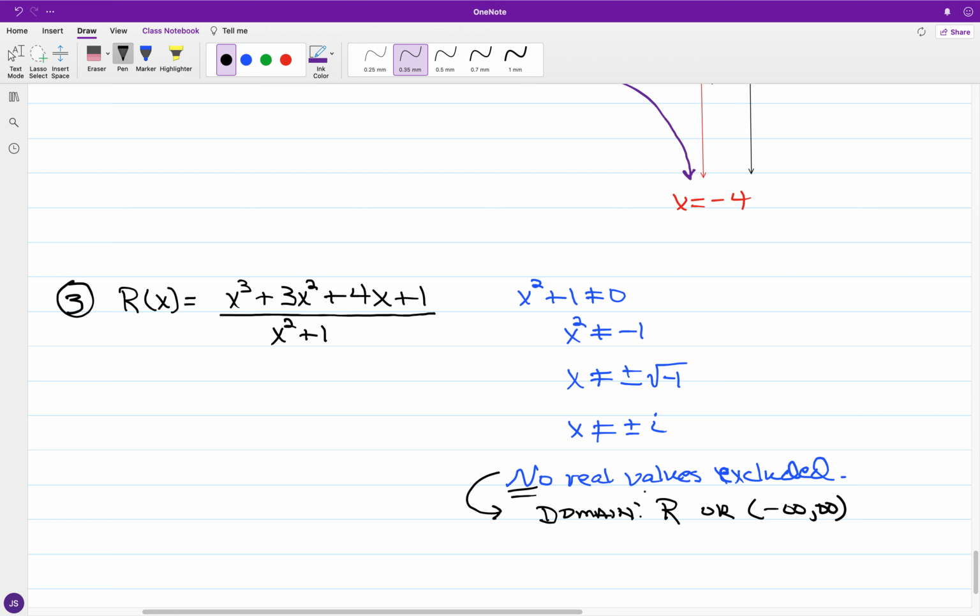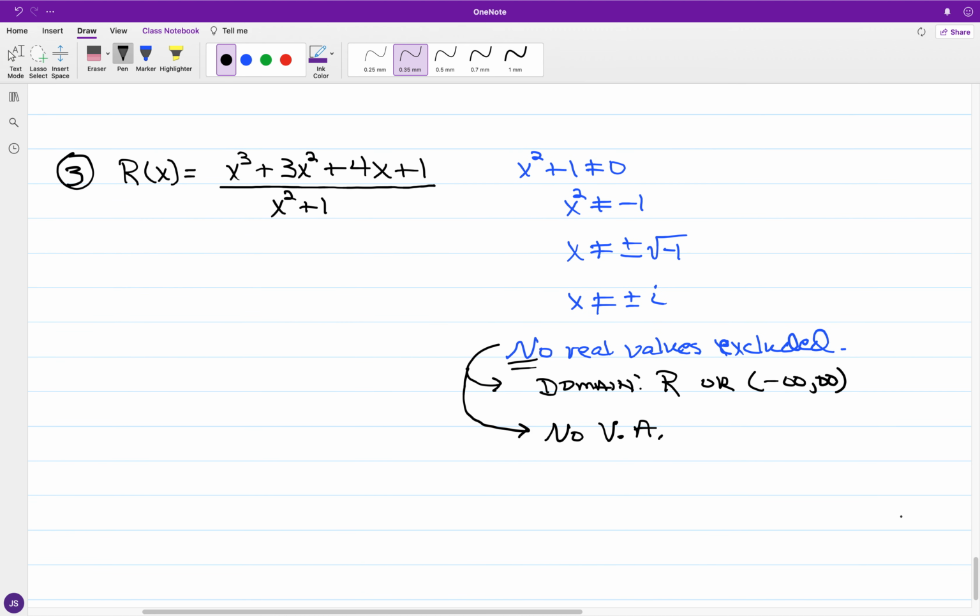And since there are no restricted values, there will be no vertical asymptote. For there to be a vertical asymptote, something has to be restricted from the real number system. And since I have only complex numbers, there will be no vertical asymptote.